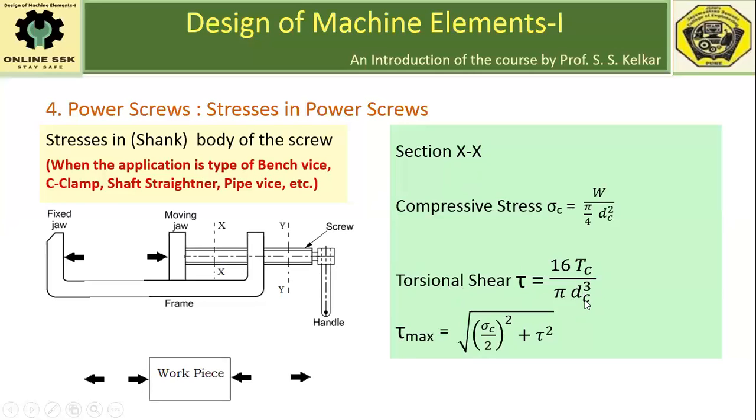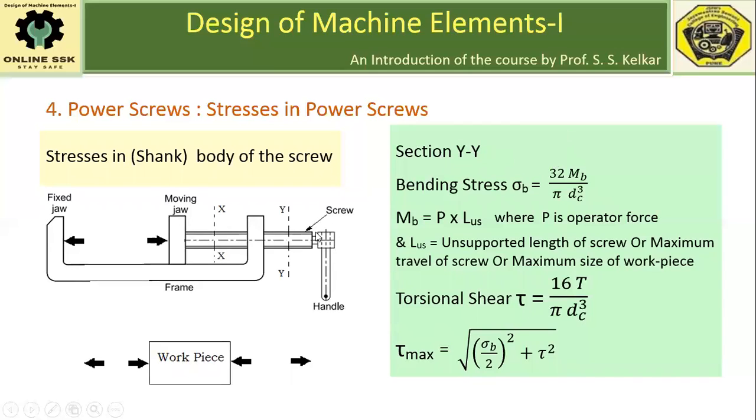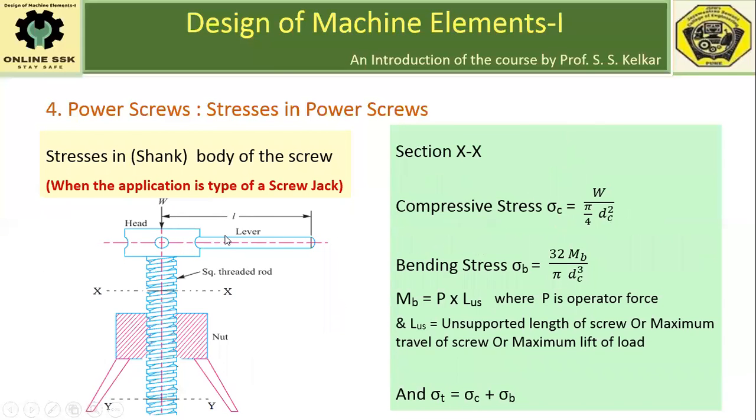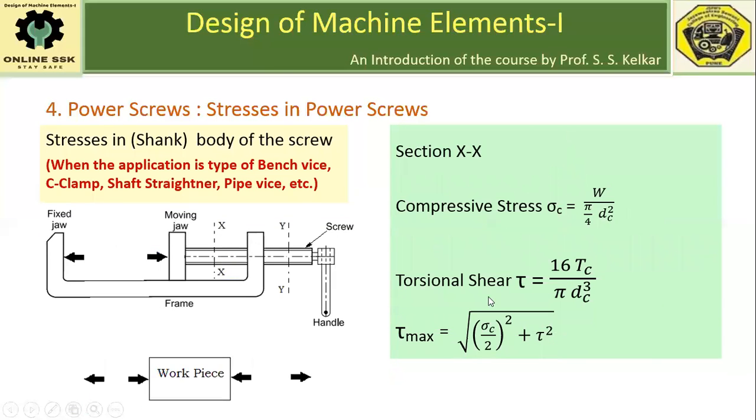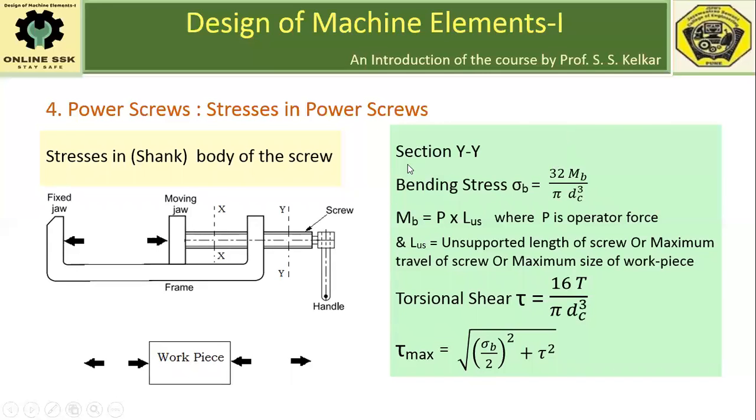Whereas for section YY, this portion is subjected to total torque as given by the operator. Therefore, torsional shear stress for section YY is given by 16 T upon pi dc cube. For section XX, 16 TC upon pi dc cube, and for section YY, 16 T upon pi dc cube.